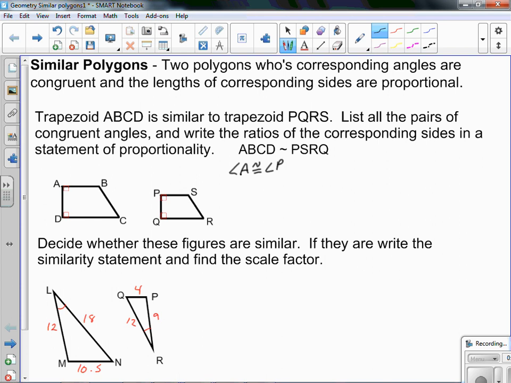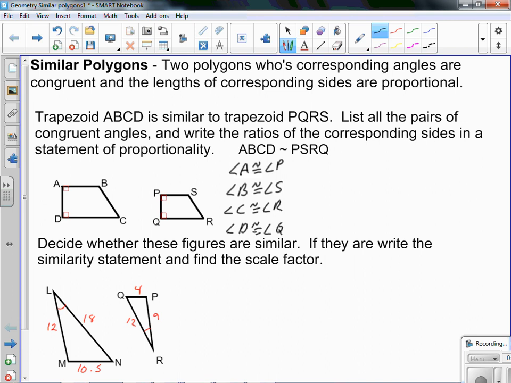Angle P. Angle B would have to be congruent to angle S. Angle C congruent to angle R, and angle D congruent to angle Q.